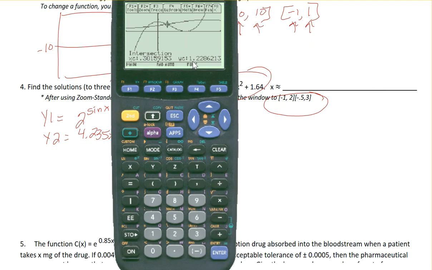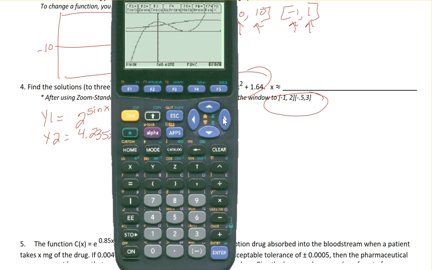Again, you could write down the x and the y coordinate as an ordered pair on your paper. Sometimes you'll want to know both of those. And then I can repeat the process to find the third one. So by doing this several times, if I do our F5 intersection one more time, very quickly, I already know function y1, hit enter, y2, hit enter, and then I have to move to a lower bound.